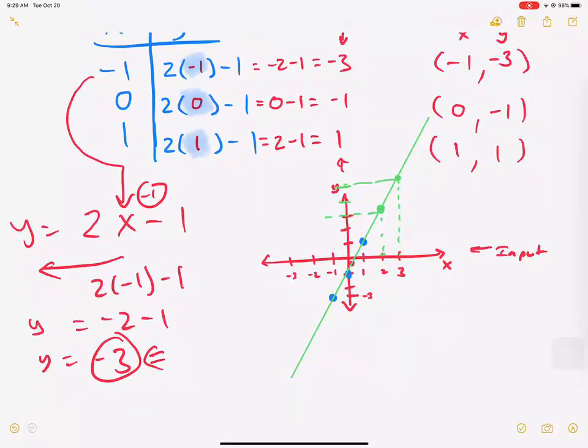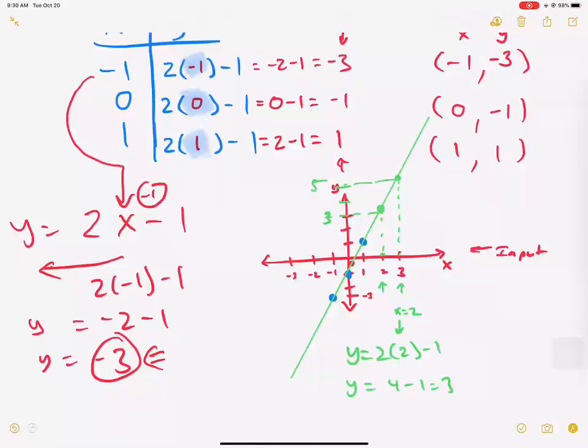So if I plugged in, just to check, if I told you plug in 2 and plug in 3, do we get 3 and do we get 5? Let's try it. Y is equal to 2 times 2 minus 1. So my input was x equals 2. What's my y output? Y is equal to 4 minus 1 is 3.